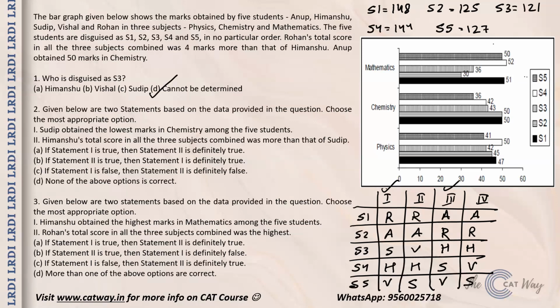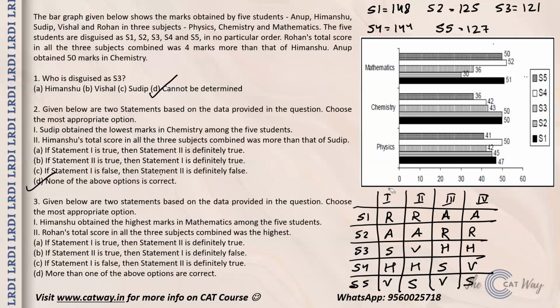So Himanshu's total score in all 3 subjects combined was more than that of Sudeep. In case number 1, Himanshu's score is more than that of Sudeep. According to the option, it should be false, which is not happening over here. So option number C also cannot be the right answer. And that means the correct answer in this case would be option number D, that none of the above options given are correct. Okay. Now let's move towards the third question.